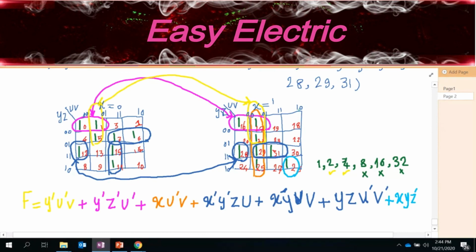And here you have 1, 0: u should be u, and the v should get prime, okay? So as you expect, whenever you have one member, it actually adds up to 5 variables, which is not actually good. As you can see, whenever you have more members, the corresponding term is simpler.